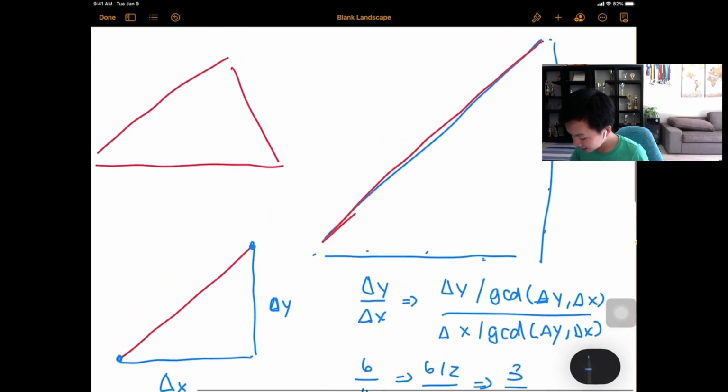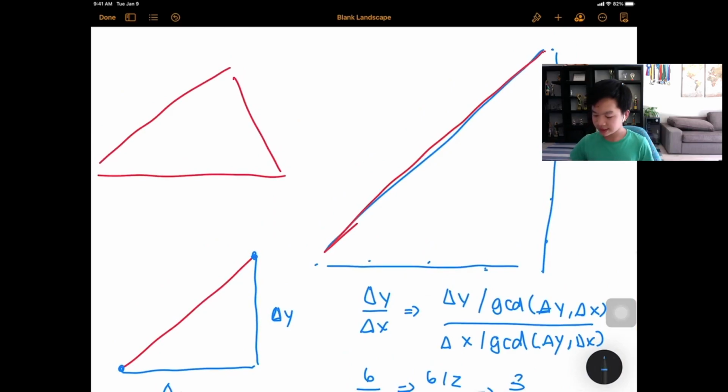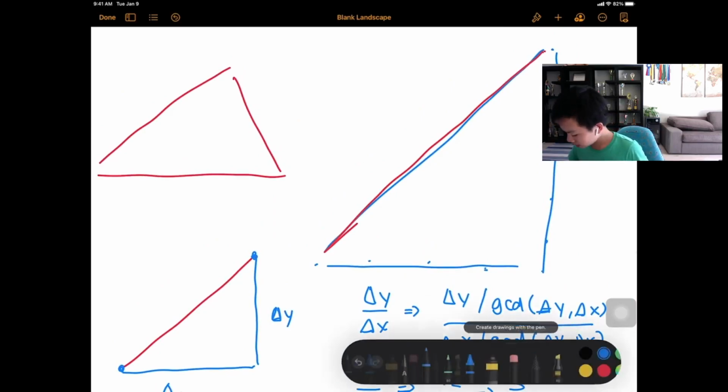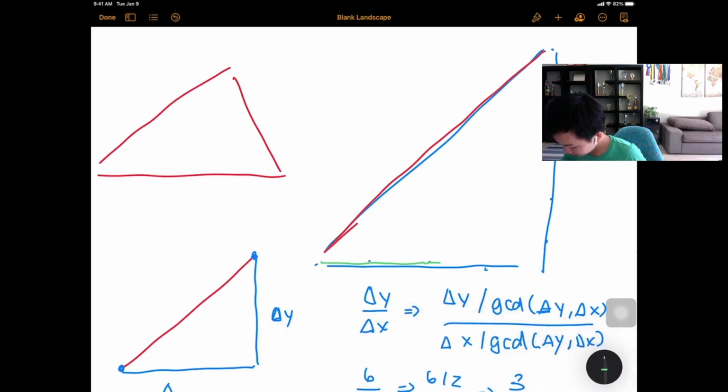So this means that we can break this into basically 2 triangles, or 2 portions. So it would be something like from here to here, to here, and from here to here, to here.